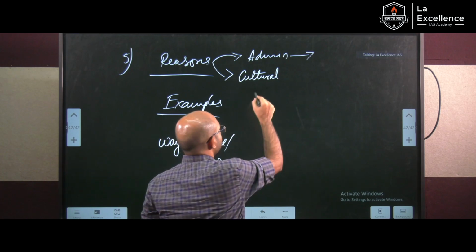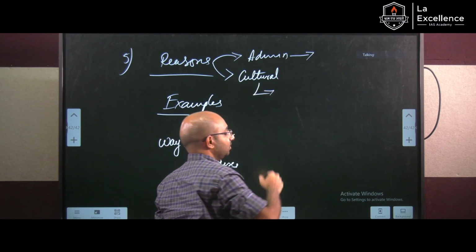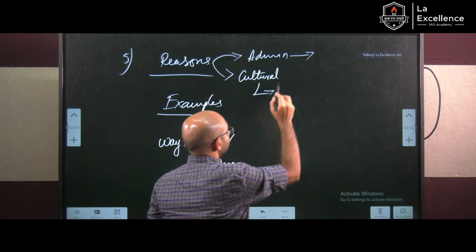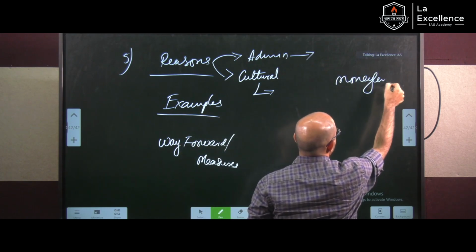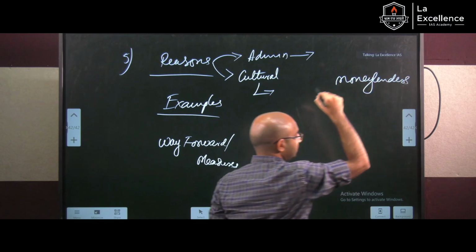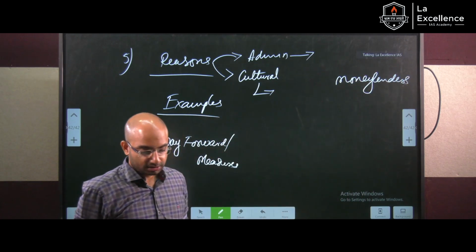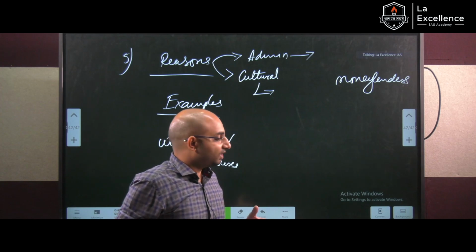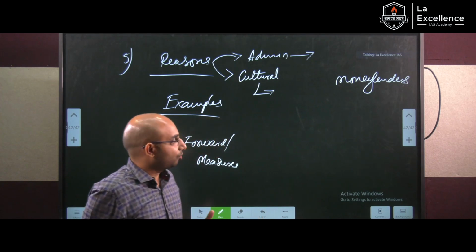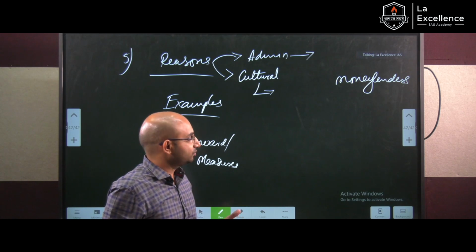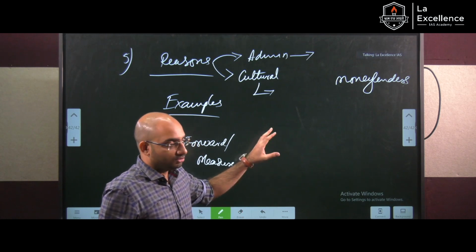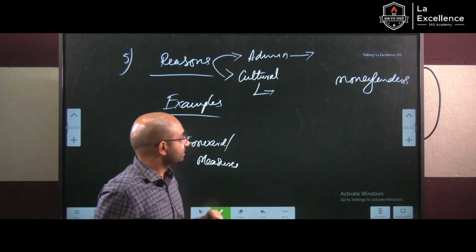Next, cultural. Culturally, because of all of this, they are dependent on money lenders. Dependence on money lenders is another reason. Money lenders are easily available. They give money with very little collateral and no questions asked, but then they take land as security, and the objective is to trap them in debts and over a period of time capture their lands.